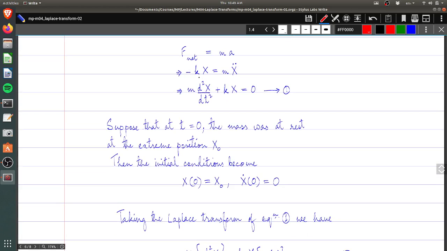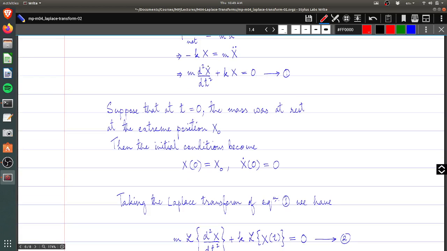So it is moving only under the influence of the spring force. Minus kx is equal to m times acceleration, and acceleration is the second derivative of position, d square x by dt square. We bring this to the other side, so the minus becomes plus: m d square x by dt square plus kx is equal to 0.